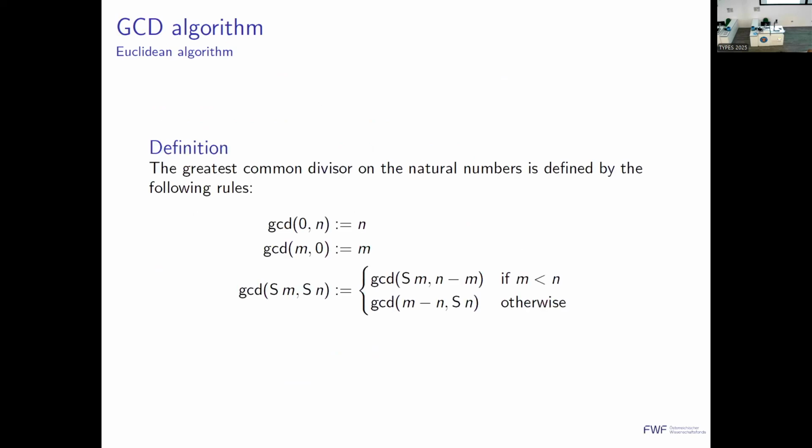We will, for example, see this in the greatest common divisor algorithm. This here is the normal Euclidean algorithm done for natural numbers, so for zero and successor.